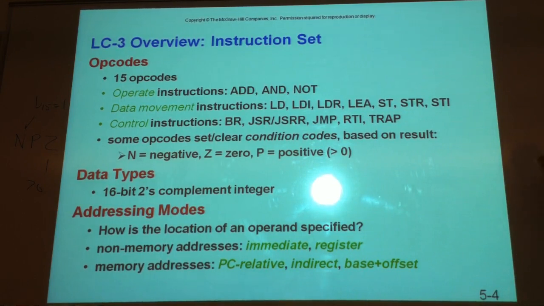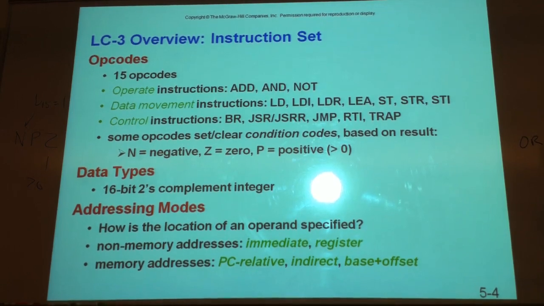So if I want to do an OR, how do I do an OR? I want to OR register 0 or register 1 and store it in register 2, how would I do that?